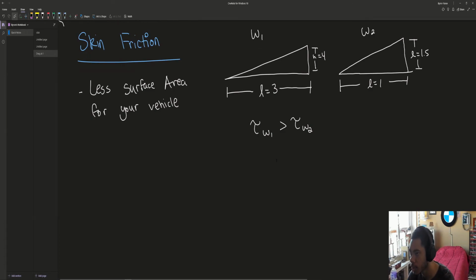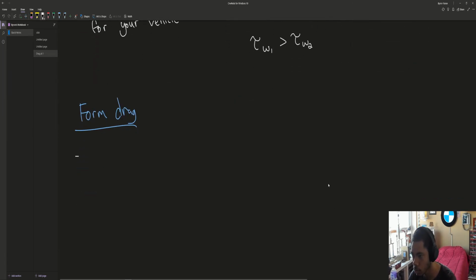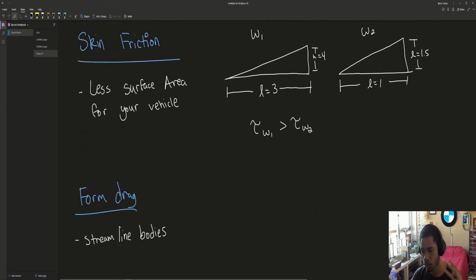Alright, next up. Form drag. Streamline bodies. We'll make nicer bodies that have less form drag.